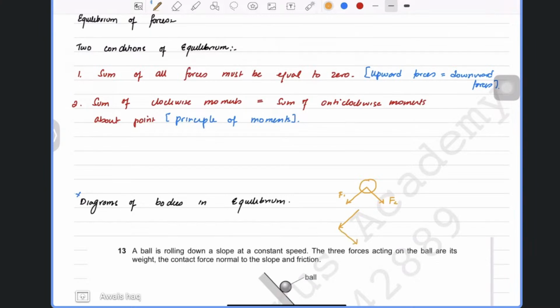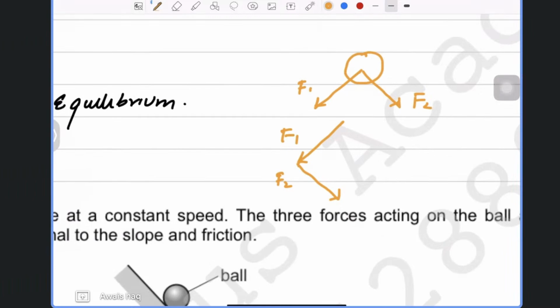Then you go from the start to the end to find the resultant of these two forces. That would be the unbalanced force created because of these two.